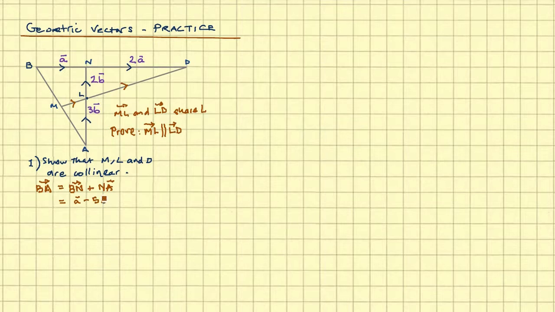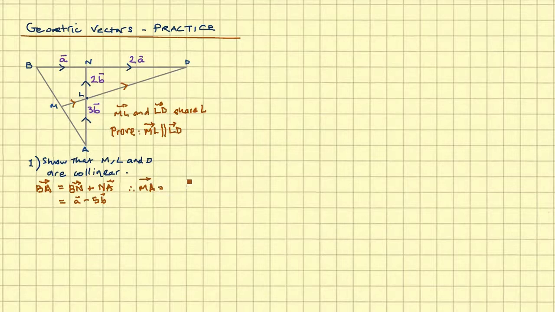So it's going to be minus 5b. Okay, so now I've got an expression for B to A. I should be able to write down an expression for M to A. Write it here actually, it's going to give us a bit more room.